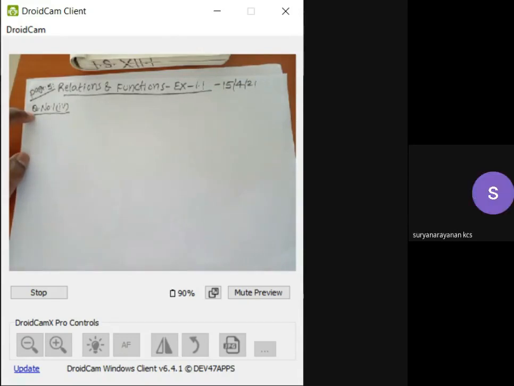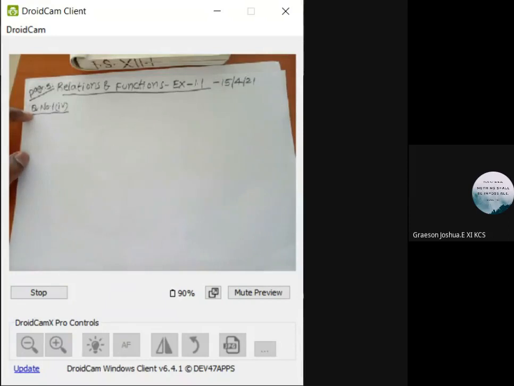Yes, carry on. Sir, it says the relation R in the set Z of all integers defined as R equals the set of ordered pairs (x, y), where x minus y is an integer. Yes, this is a relation defined on the set of integers.